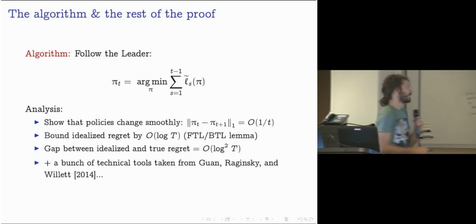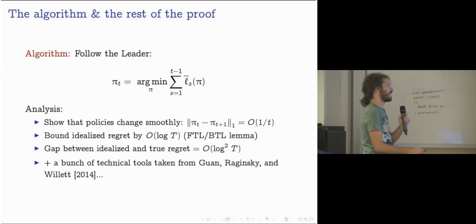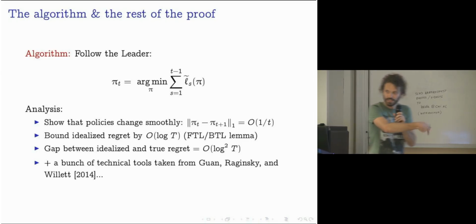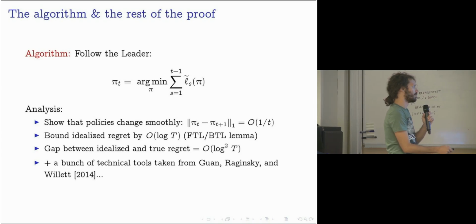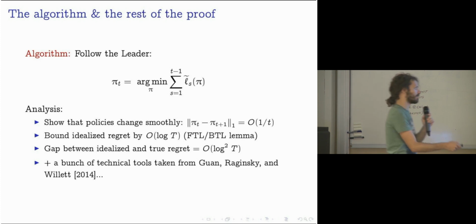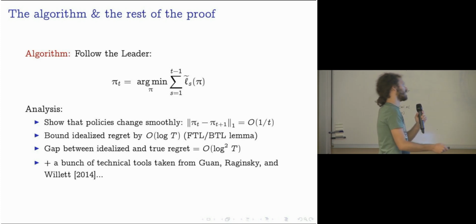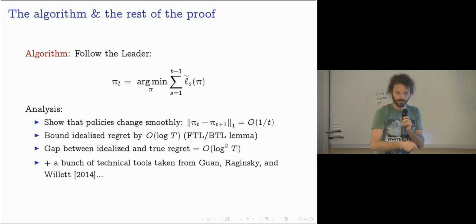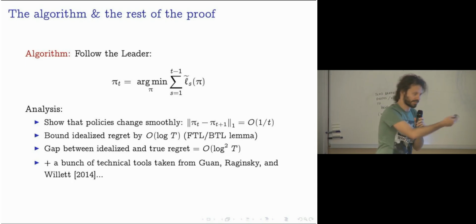As for the analysis, as a result of the smoothness of the loss, we can show that the policies change smoothly as time progresses. So the difference between your consecutive state distributions is going to be bounded by something like 1 over t. This immediately leads to a regret bound in the idealized setting of log t.